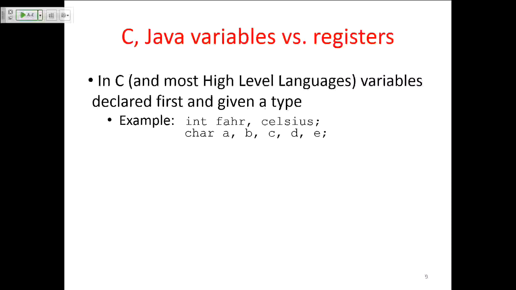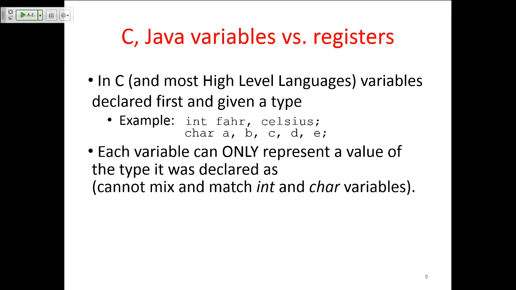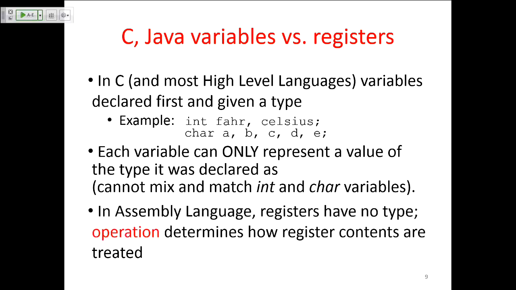In assembler, in MIPS, all bets are off. You have to be super careful what you're doing, because each variable is essentially a number of bits in a register. In MIPS, the type of operation you do on the registers will determine how the variables are treated, because otherwise there's no other mechanism to check.